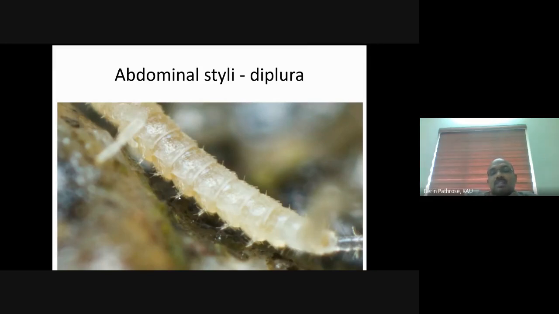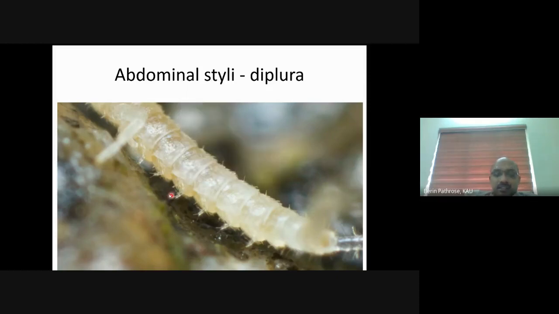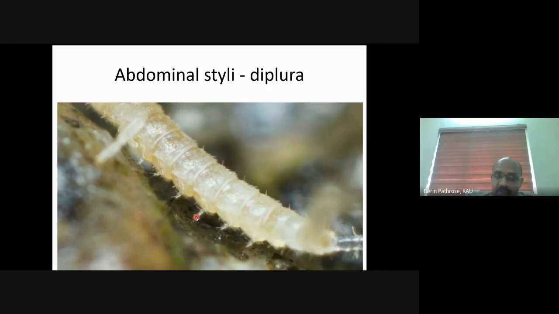The function of styli is to raise the abdomen from the ground when the insect walks. So the styliform appendages help the insect to raise the abdomen above the ground while moving.